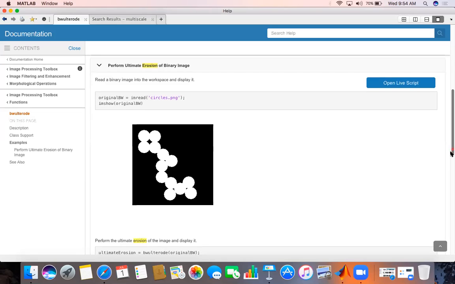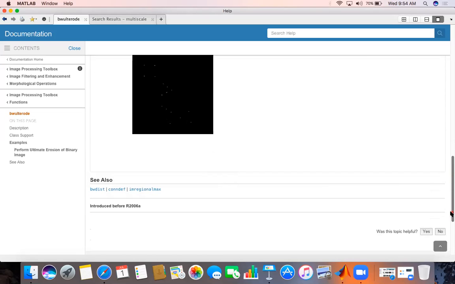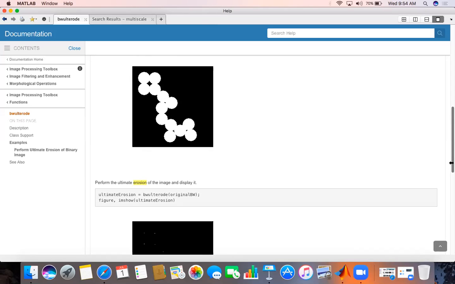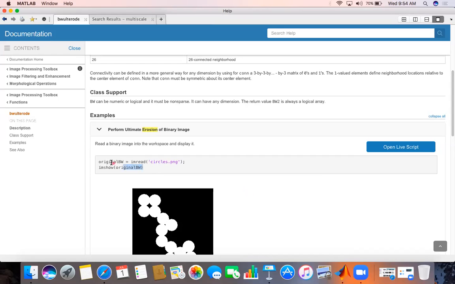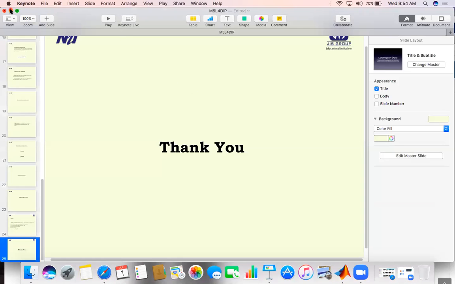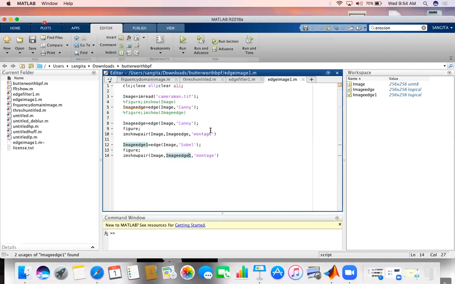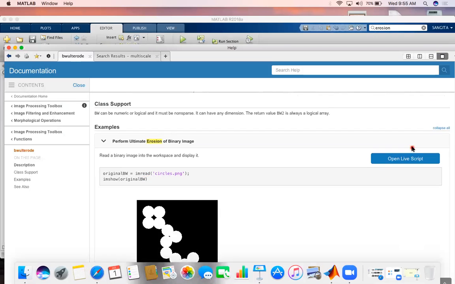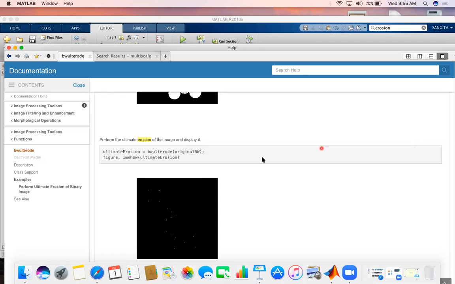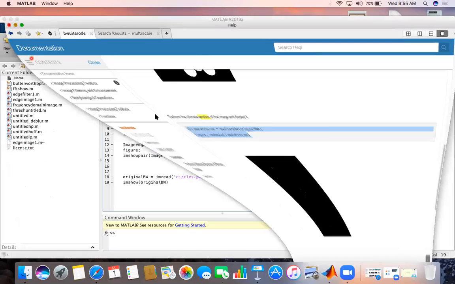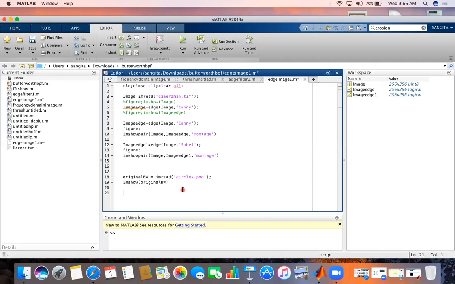So we can use erosion as well as dilation. I'm doing this in the editor window. This is an image. This is how it will look after erosion. Erosion means thinning. It will squeeze, the output will squeeze.